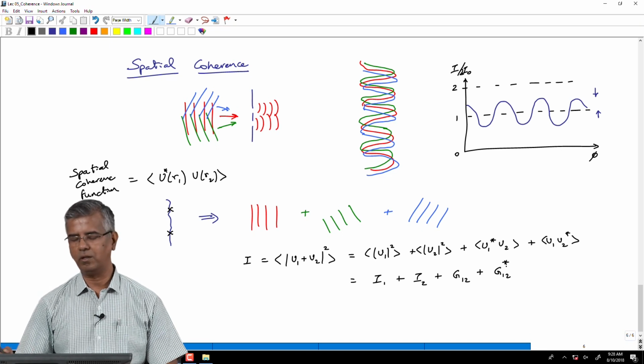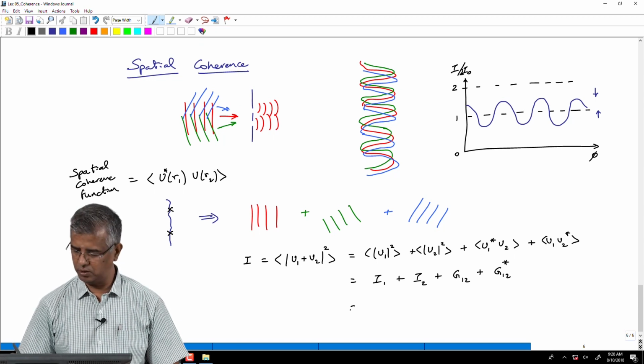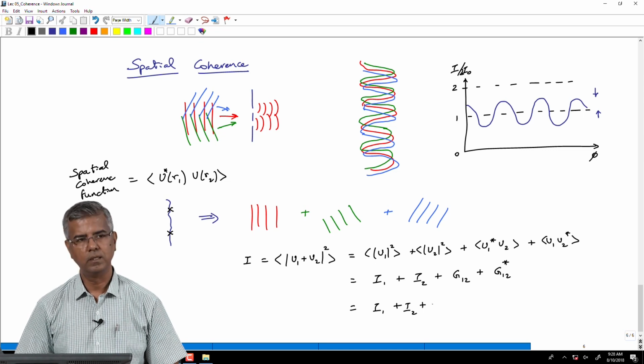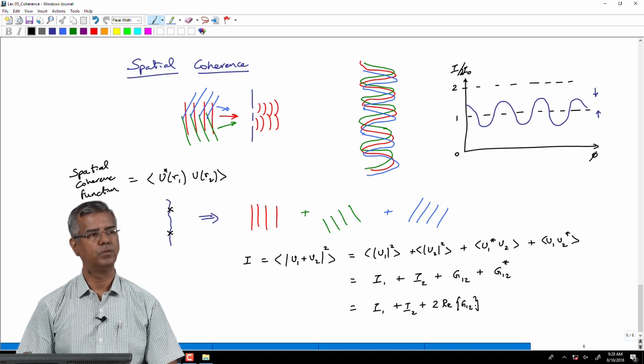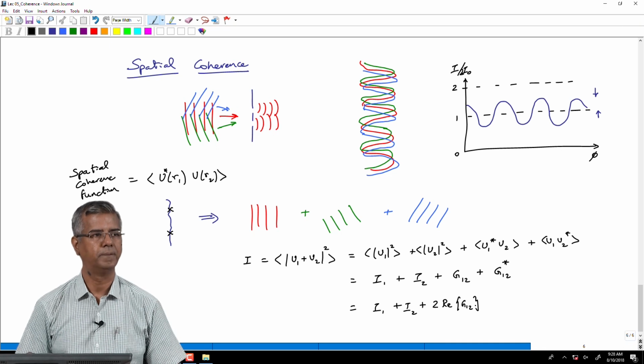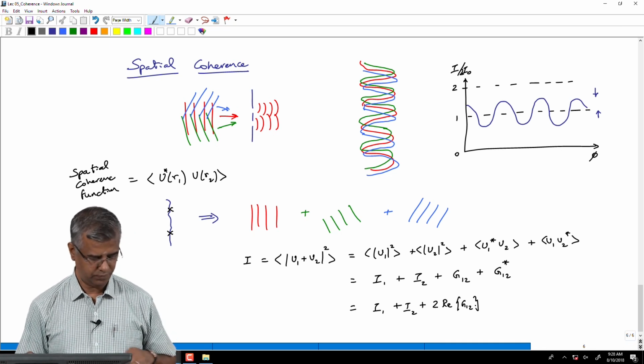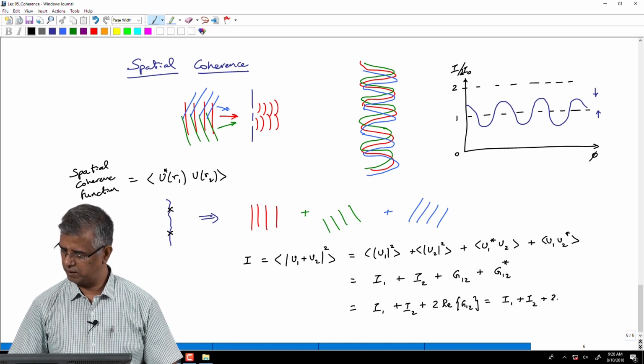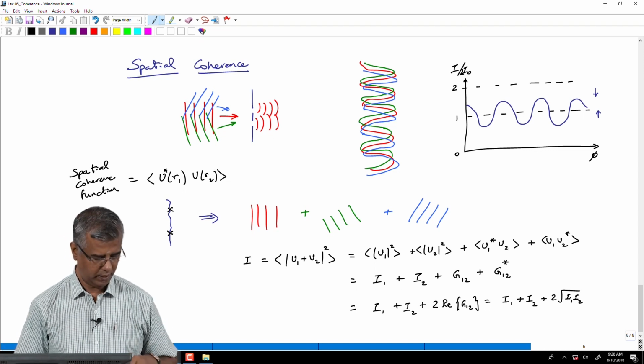Any complex value and its conjugate, added together, gives 2 times the real part, so this is I1 plus I2 plus 2 times the real part of G12, which is the same as what we did before.